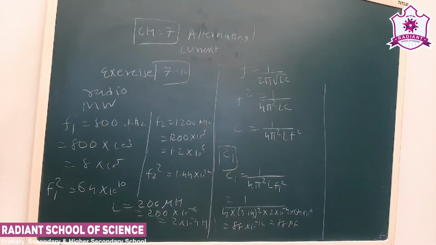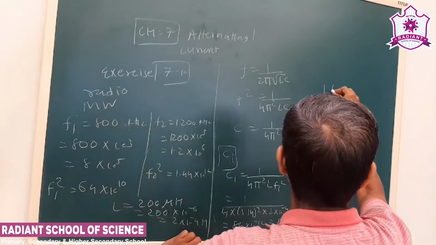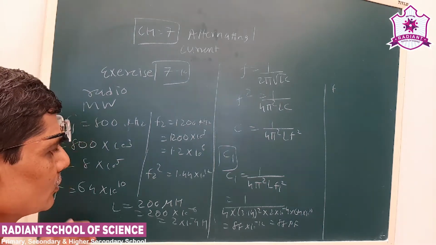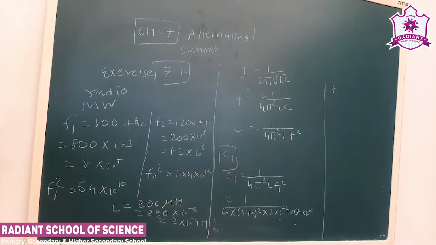Now see the frequency corresponding to the second one. Here we'll get 198. Let me calculate. 4 divided by 1, divided by 4, divided by 3.14, divided by 3.14, divided by 2, divided by 64.